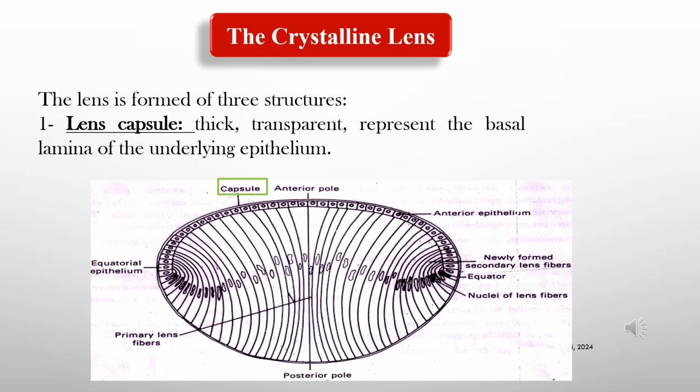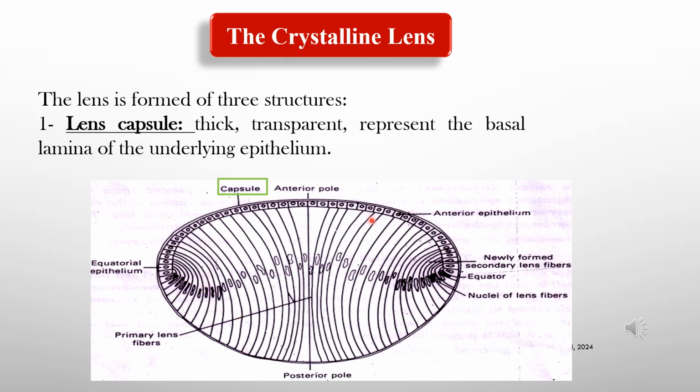What is the structure of the crystalline lens? Let's now know the structure of the lens. The lens is formed of three structures: the lens capsule, the lens epithelium or subcapsular epithelium, and the lens fibers. This is the lens capsule, the outer part, then the subcapsular epithelium in the anterior pole only of the lens, and finally the lens fibers.